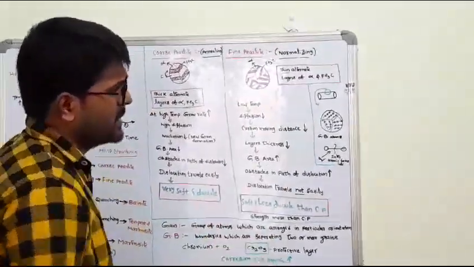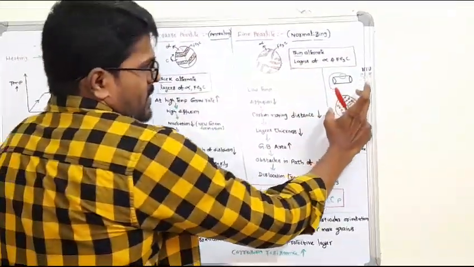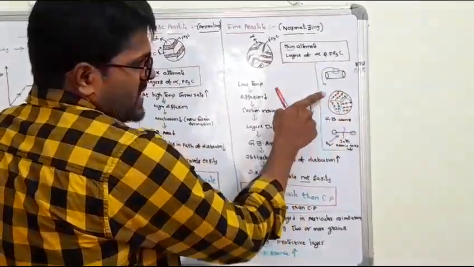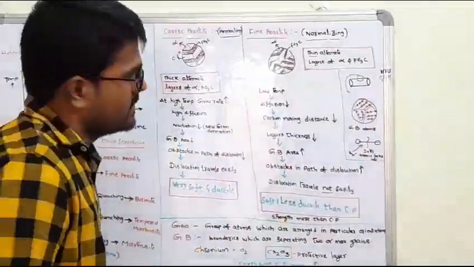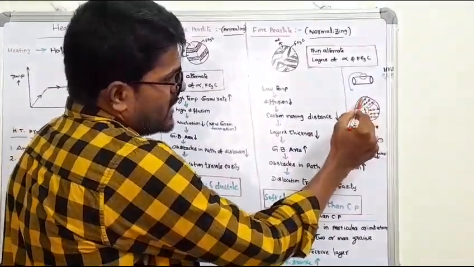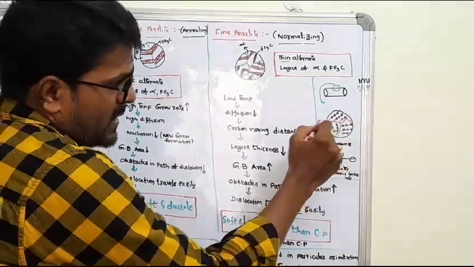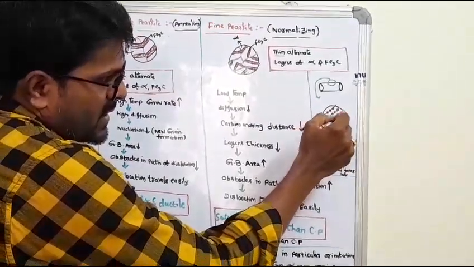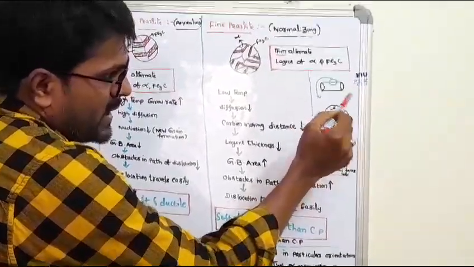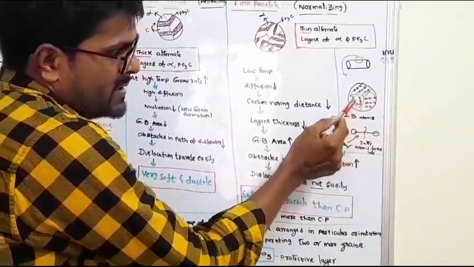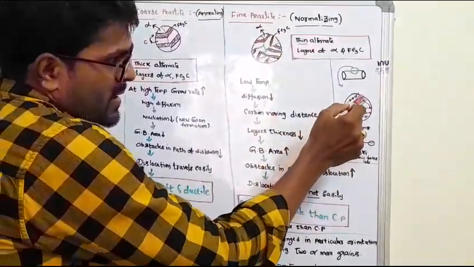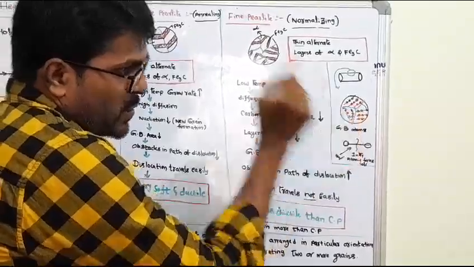In this structure, there are three grains. If you observe closely, there are atoms in different orientations, having some grain boundaries. This is one grain, this is another grain, this is another grain, and they have boundaries.